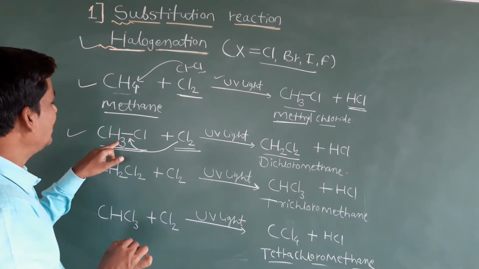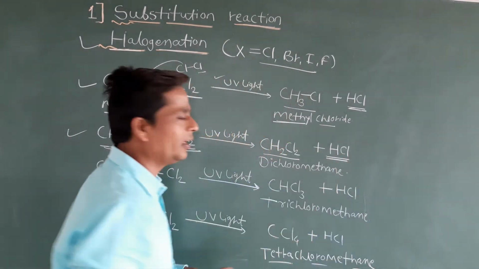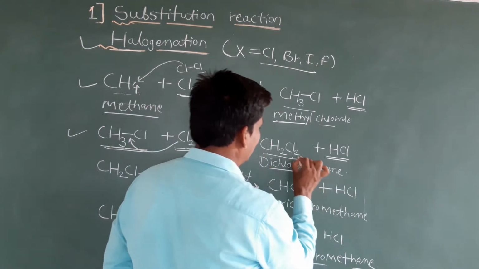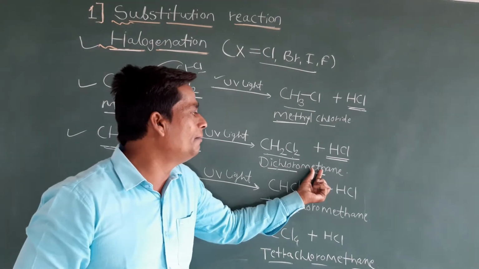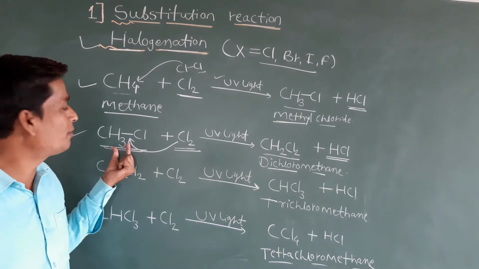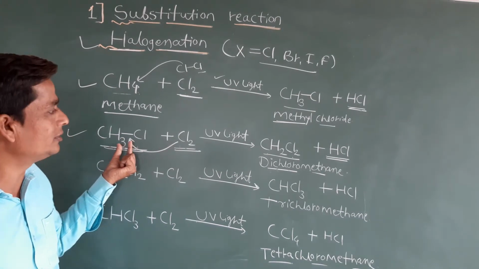The removed hydrogen and the remaining Cl leave as HCl. Now clear? CH2Cl2 is dichloromethane, because chlorine is present two times. So from methyl chloride, one hydrogen is replaced by one Cl.